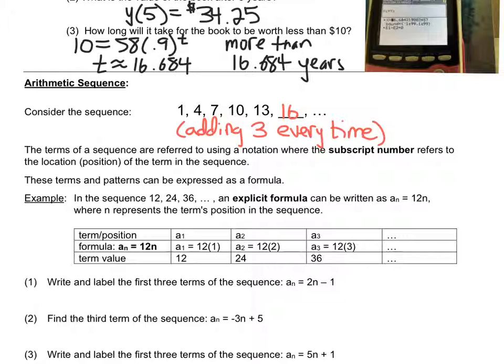All right. And just to kind of steal my own thunder a little bit here, if you're ever just adding a consistent value from one term to the next, what you're dealing with is called an arithmetic sequence. All right. If you're multiplying by the same number to get from one term to the next, it's called the geometric sequence. That's a lesson down the line. All right.